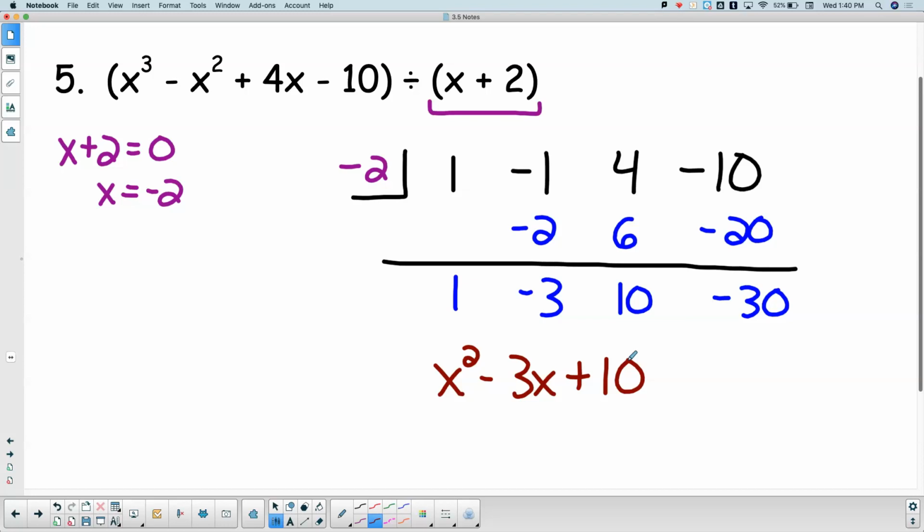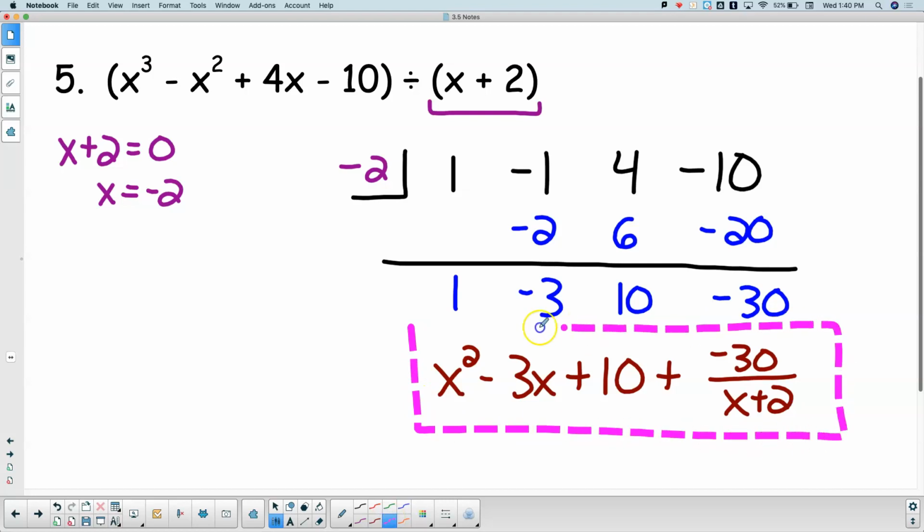Plus negative. Plus. Yep. Over, you said x plus 2, right? Okay. Remember, Kate, we got to drop the degree, drop it by 1 because we're dividing by that linear term. Okay. Yep. Always drop it by 1.